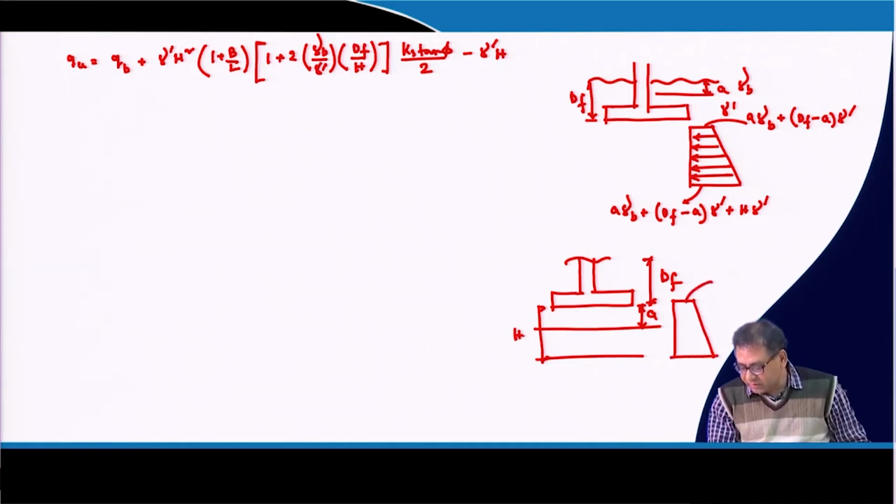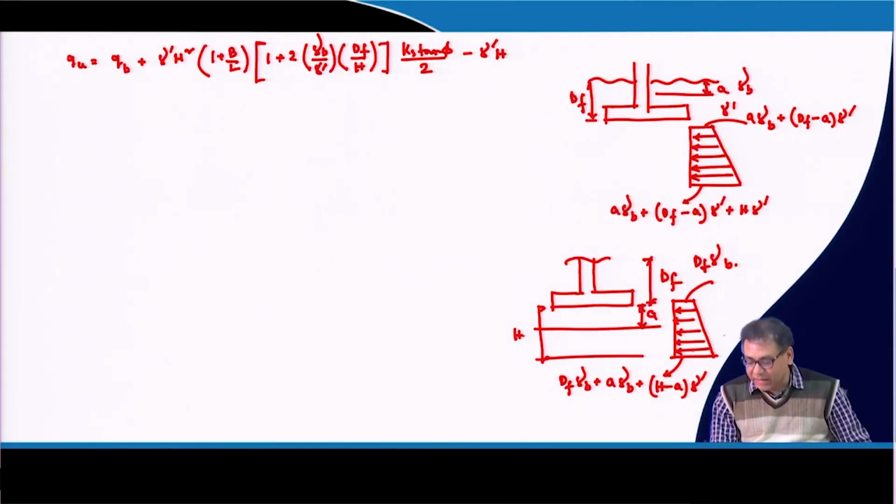So, this will be the pressure distribution, this one will be df into gamma bulk, and this one will be df gamma bulk plus A gamma bulk plus H minus A gamma dash. Then you have to again modify this equation, because ultimately remember that we are basically calculating the area of this trapezoid, and the two sides A and B can be calculated in different ways depending upon the position of the water table.